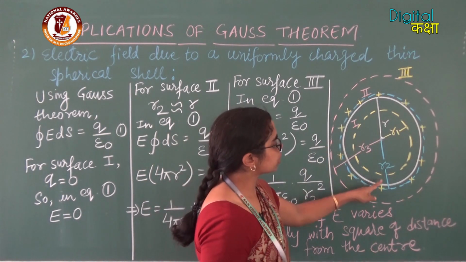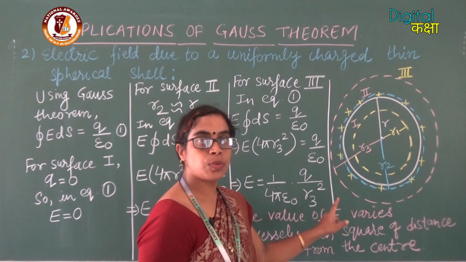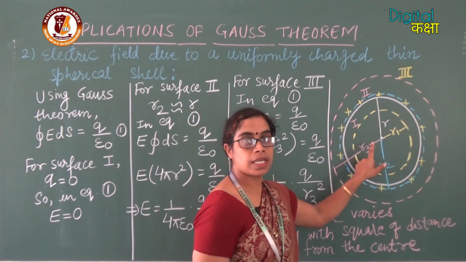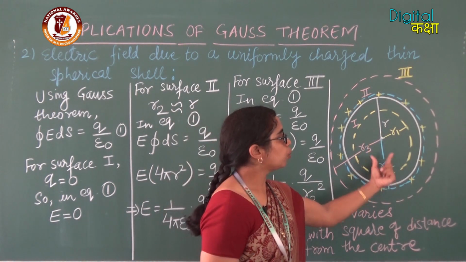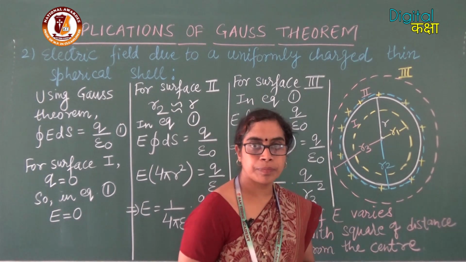The second Gaussian surface has radius r2, and this r2 is to be taken nearly equal to the radius of the shell. Mathematically, we will take r2 to be nearly equal to r when required.